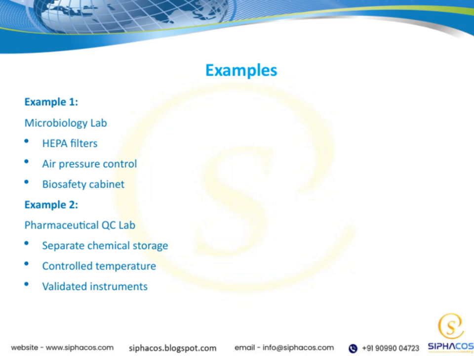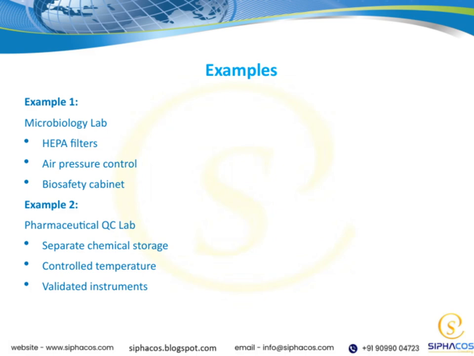By managing airflow, typically keeping the lab at a slightly higher pressure than surrounding areas, we prevent contaminants from entering the workspace. Another vital component is the biosafety cabinet, which provides a controlled environment for handling potentially hazardous biological materials. It protects both the samples and the personnel working inside.